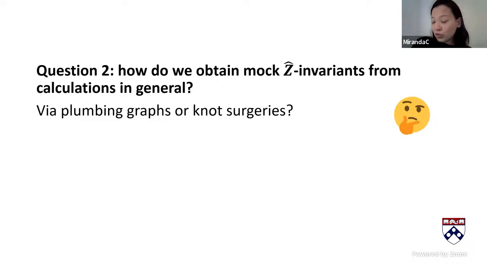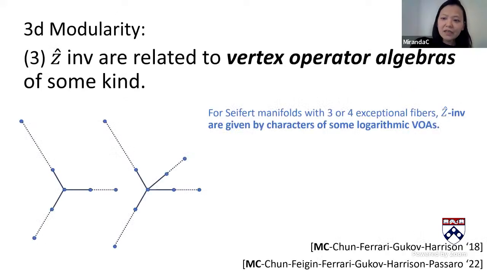Okay, so if we're cool with the second question, I'll go to the third and last question I'm going to ask. The third question concerns the other part of our 2018 paper. We say these invariants are related to some vertex operator algebras.